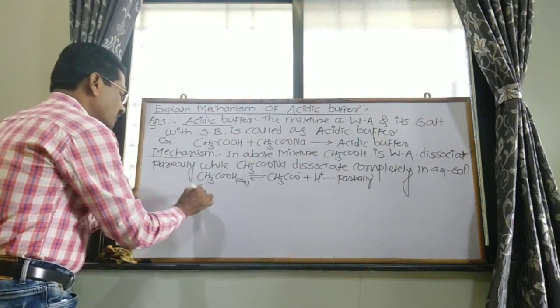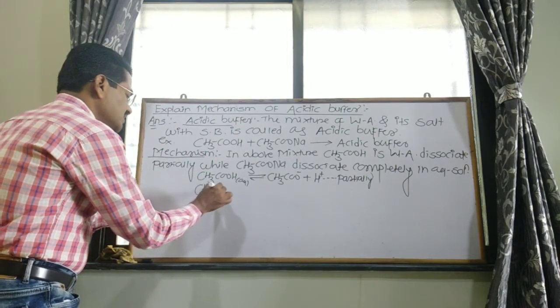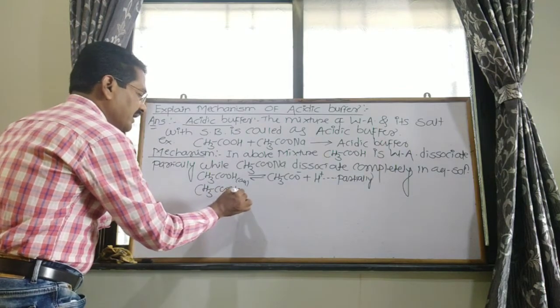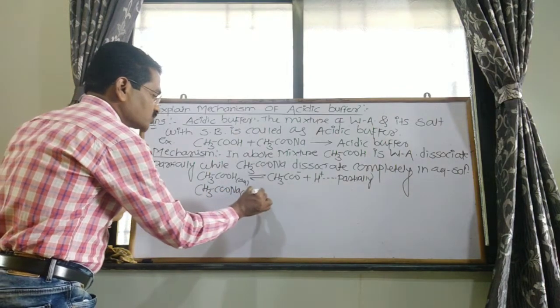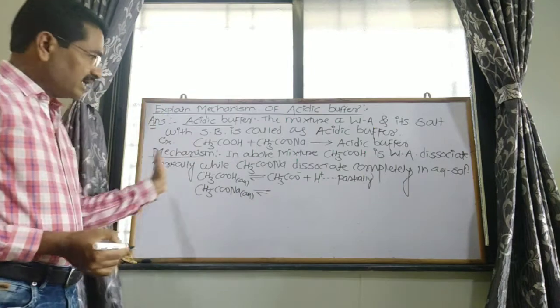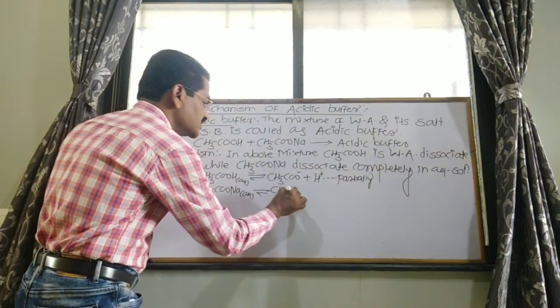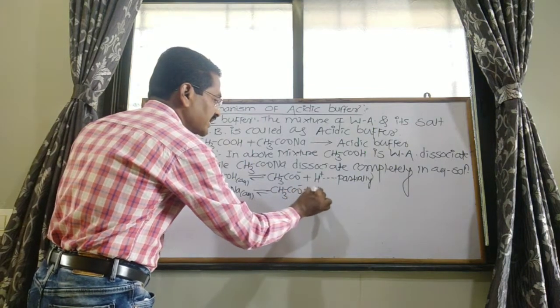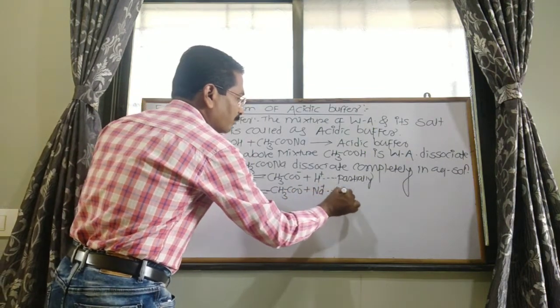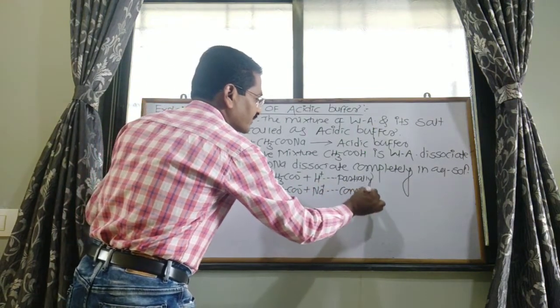Then sodium acetate, CH3COONa, dissolved in aqueous solution dissociates completely to give CH3COO minus plus Na plus.